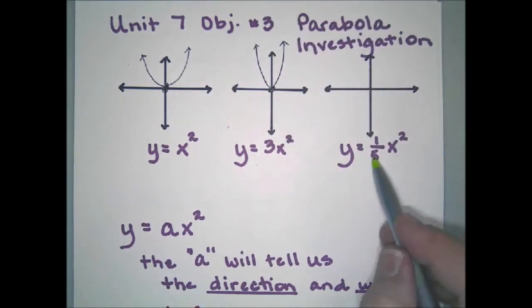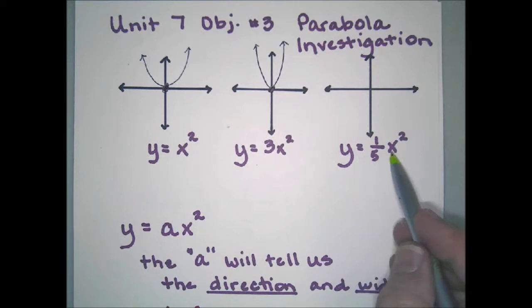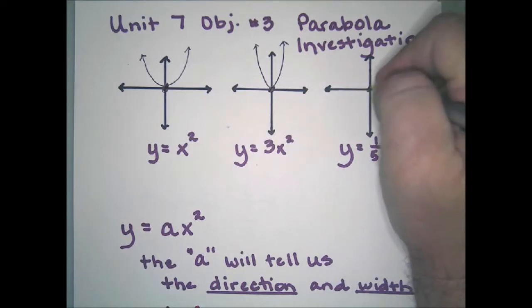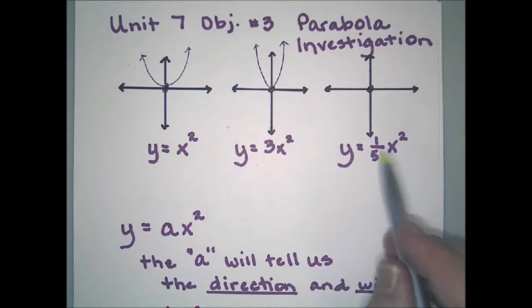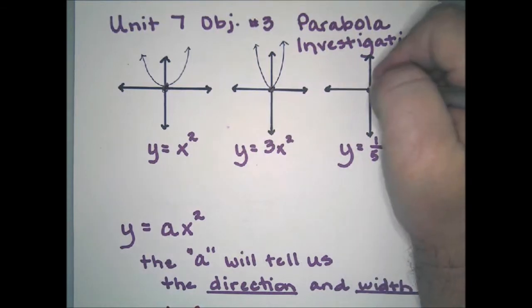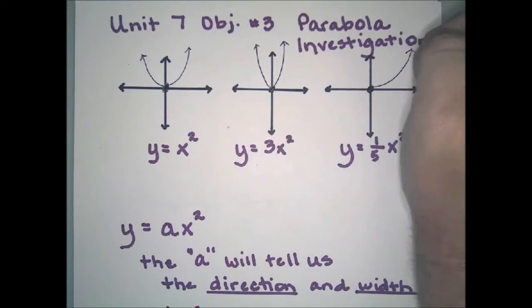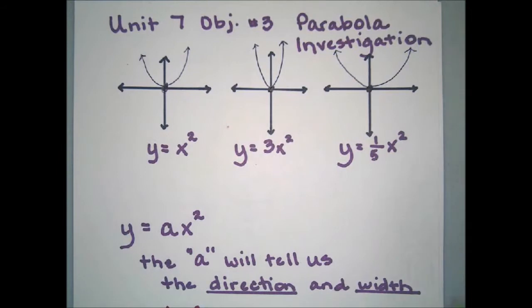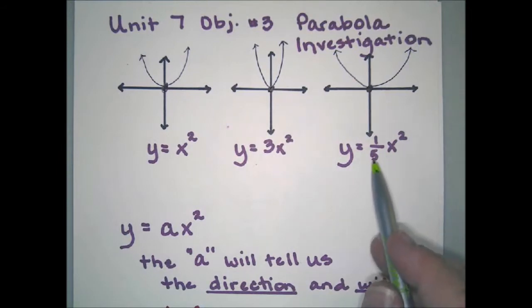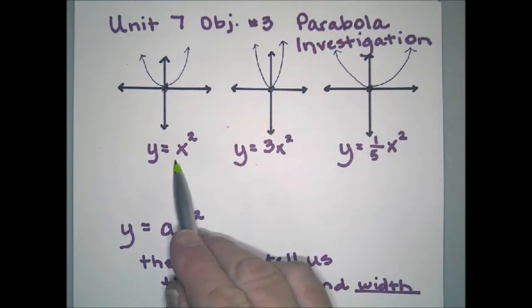Now on this one, what does the 1/5 do? Well, again, it's positive 1/5, so the parabola is going to go up. The vertex is still at 0, 0 because there hasn't been any translation. But what does the 1/5 specifically do? It makes the parabola, relatively speaking, wider than the parabola used to be when the leading coefficient was 1.